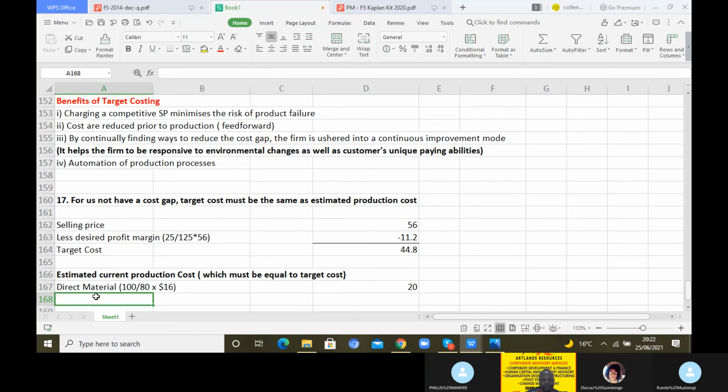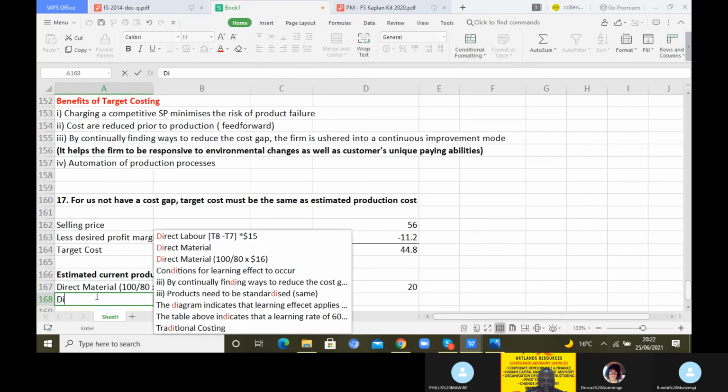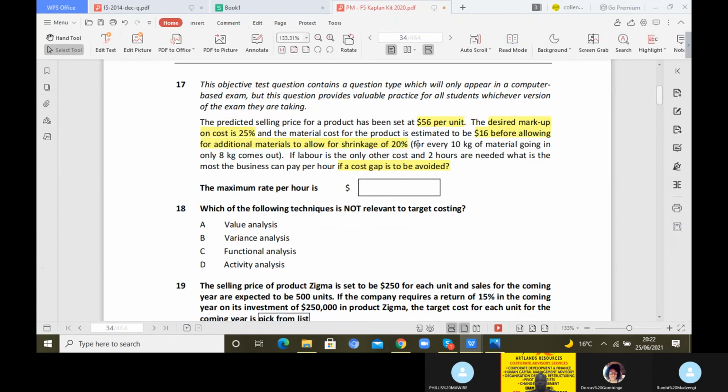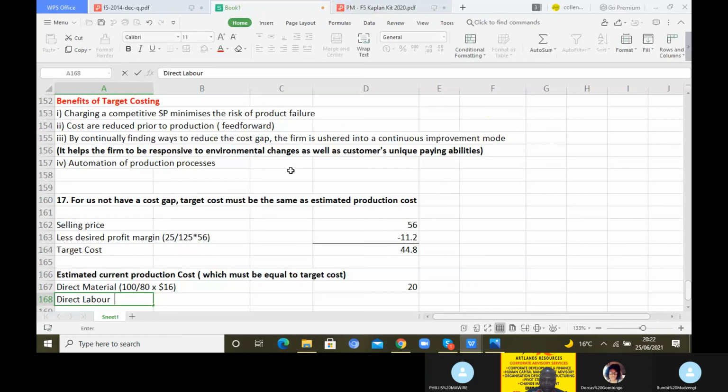Then direct labor. I'm told they need 2 hours of labor. So I open brackets and say 2 hours. The direct labor becomes the balancing figure.